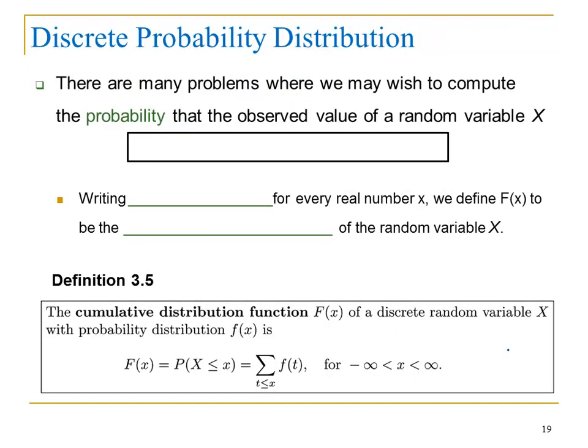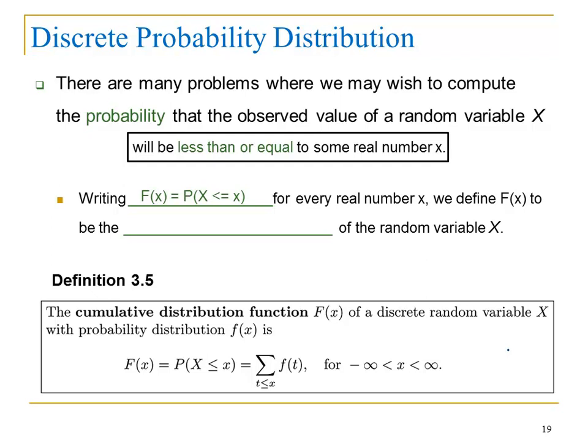Okay? So writing that probability, we can express that with the capital F. So we're using small f to describe the function of the probability distribution. Now we're going to use capital F to denote the cumulative distribution. And it's basically the probability of this random variable being less than or equal to a number. In that case, less than or equal to 27.